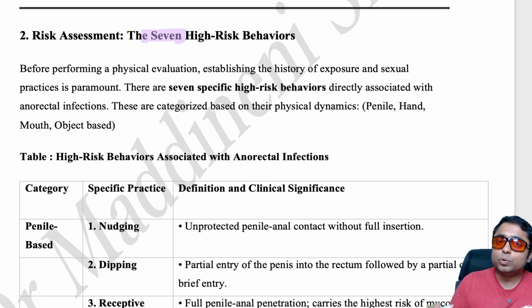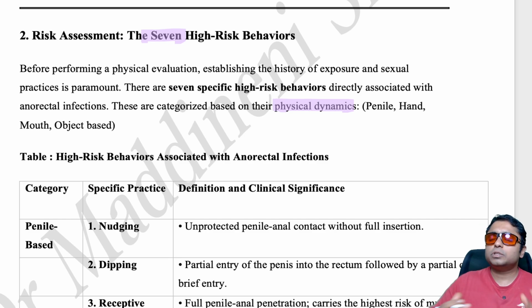Before the examination, you need to know about the patient and the different types of practices or fantasies which the individual in front of you has or could have. These are based on the physical dynamics, that is, what objects or structures are entering the anus, because of which there could be a manifestation of anorectal discharge.